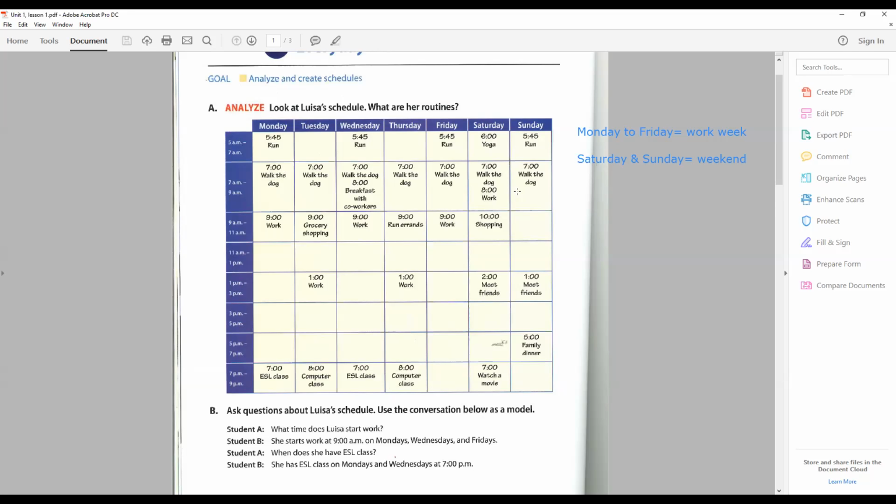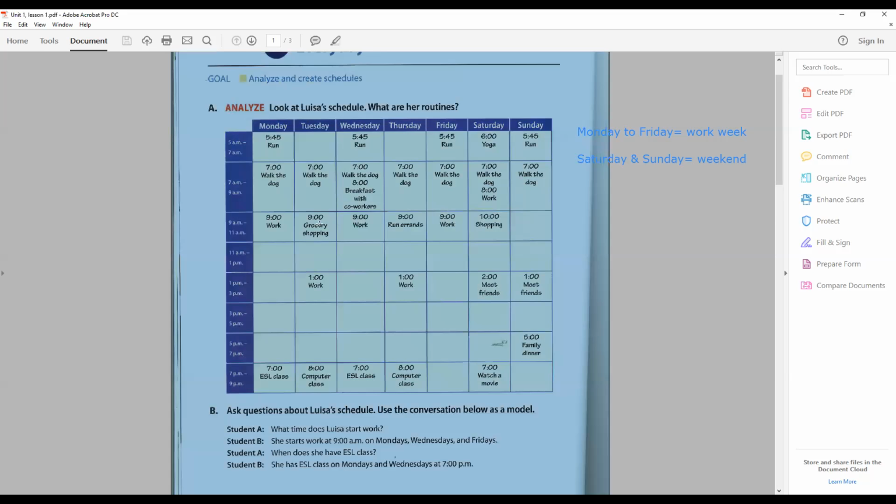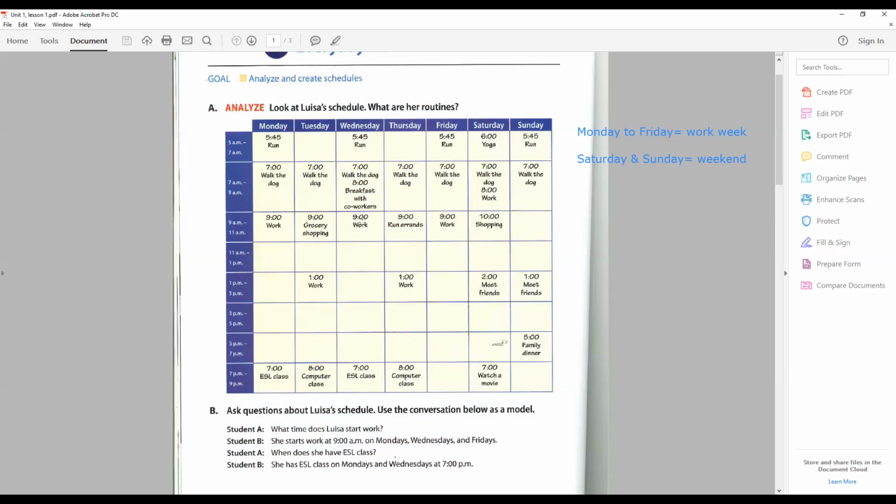Okay. You can also see that on Wednesdays at 8 o'clock in the morning, she has breakfast with her coworkers. It's right here. On Saturday mornings, she works at 8 o'clock in the morning. Okay, but on Mondays, Wednesdays, and Fridays, she goes to work at 9 o'clock in the morning.